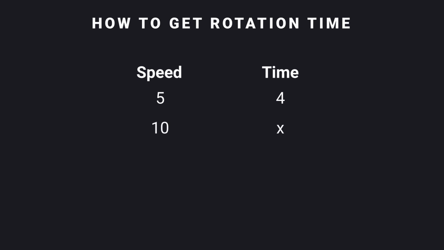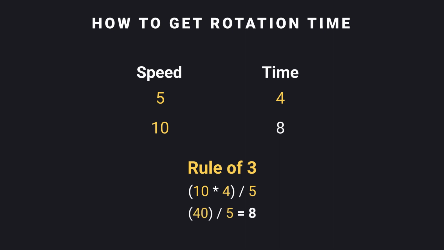This is of course a simple rule of 3. To get the x, which in this case is pretty easy for us as it should be 8, we multiply 10 with 4 and then divide it all by 5. This gets us exactly what we need, which is 8. However, it seems that we actually want the opposite.